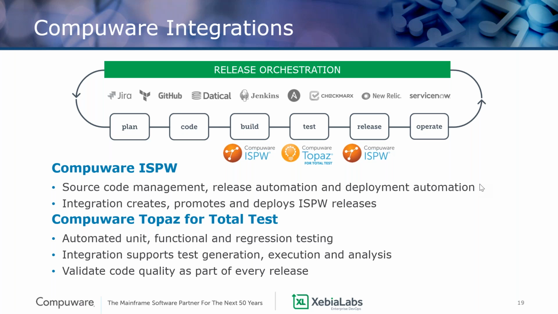What I will be showing you today is our integrations with ISPW and Topaz for Total Test, seeing how a release was triggered by the work that Mark did in ISPW, it being a version control system, and XebiaLabs having integrations with basically all the version control systems. We can trigger off that, see that there's a change, see that that change is in a certain stage, in this case QA1, which would trigger the QA pipeline.